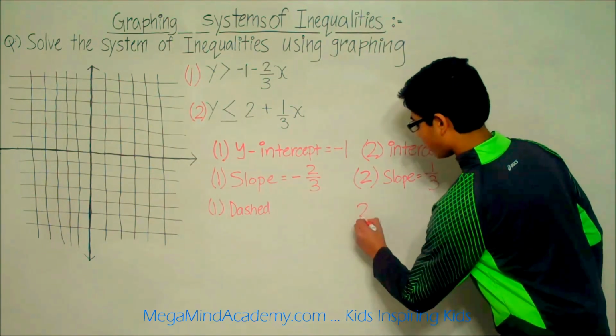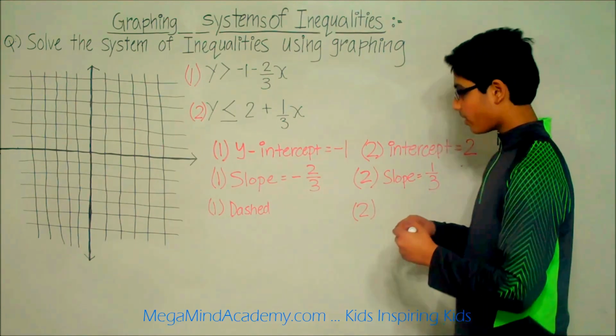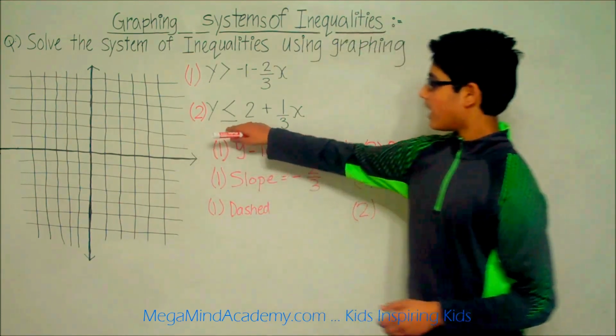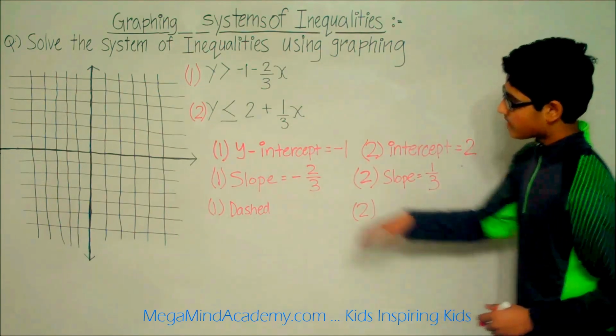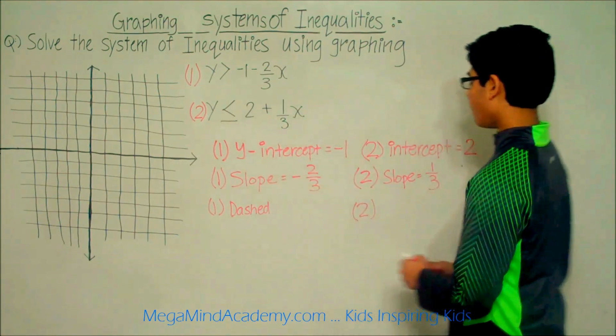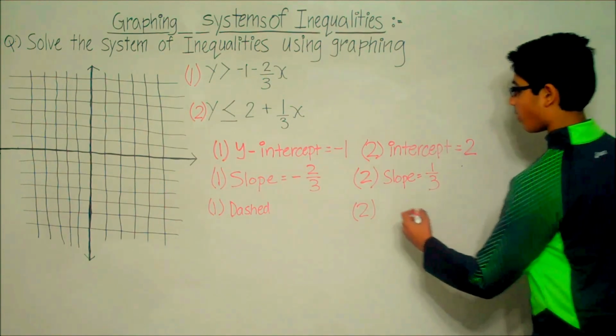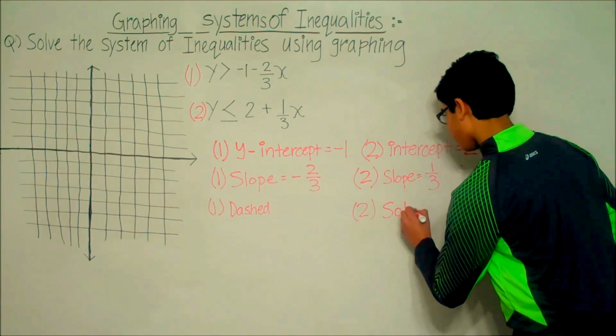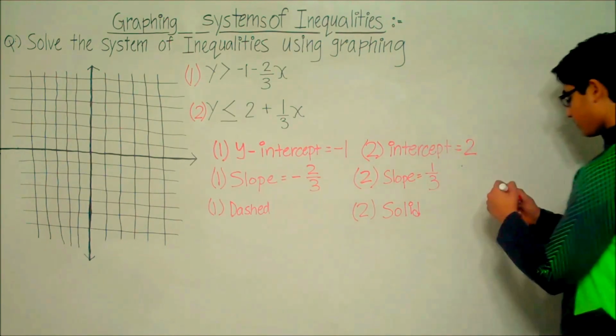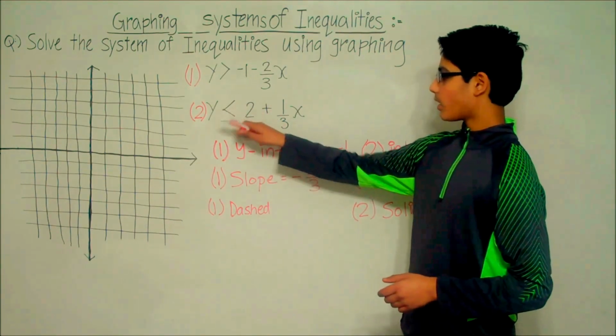In inequality 2, we have y is less than or equal to 2 plus 1/3 x. And since this is less than or equal to, the line that represents this inequality is solid, because it is less than or equal to.